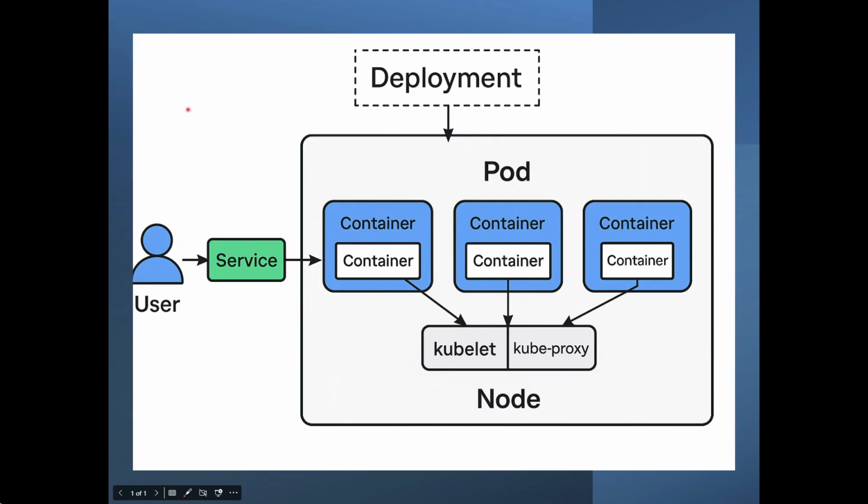Together, they form the foundation of everything you'll build on top of Kubernetes. These are the core concepts you should know before starting to create your own deployments, pods, services, and containers, because these are the basic building blocks of Kubernetes.